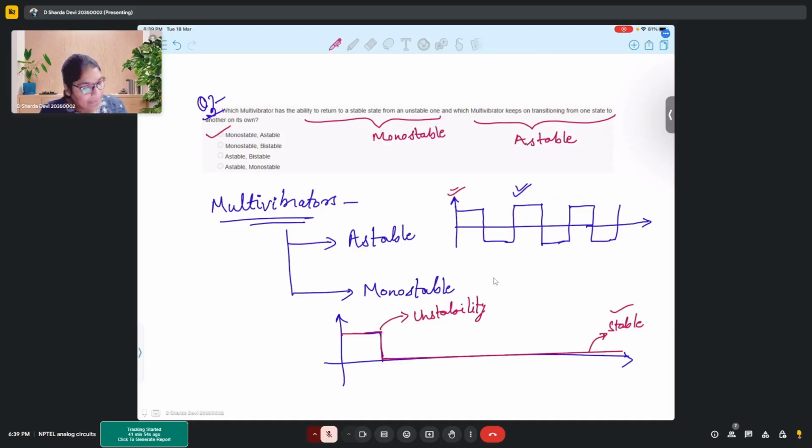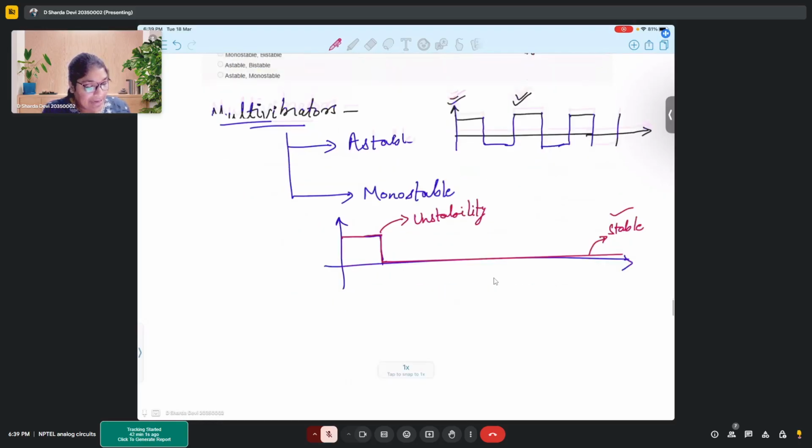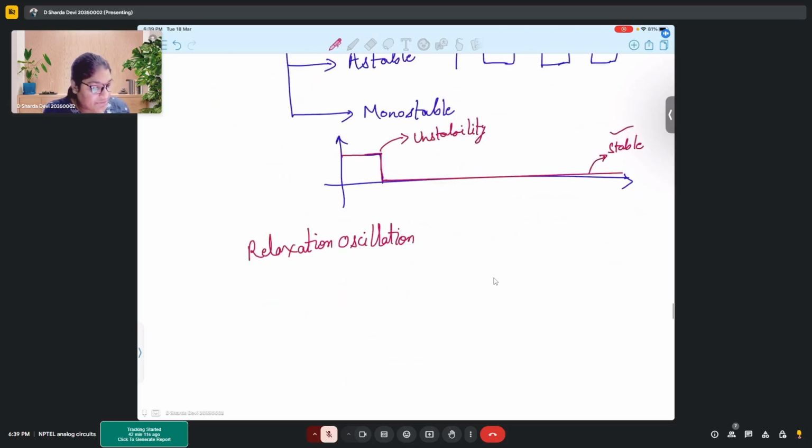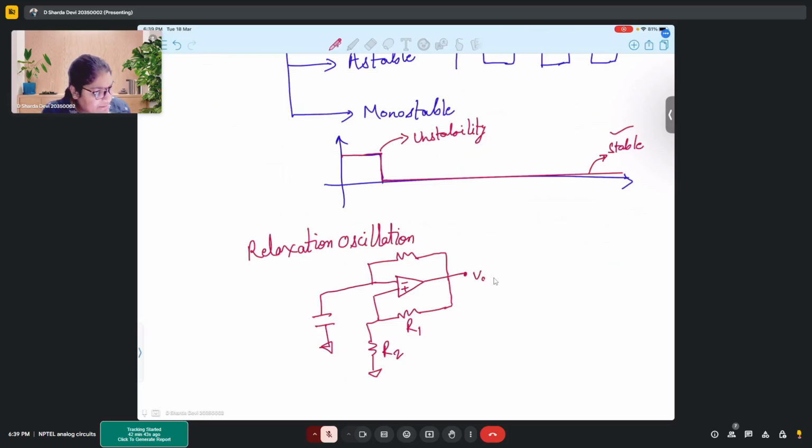Okay, so the basic relaxation oscillator that we saw yesterday using a Schmitt trigger, from here there will be an R followed by a C. Yeah, this is what the circuit was yesterday.